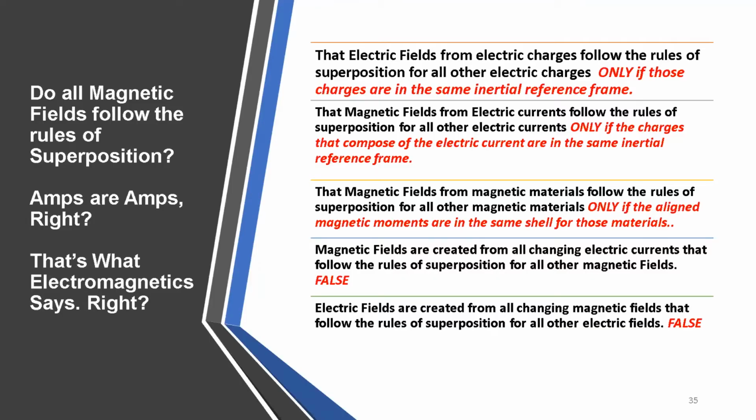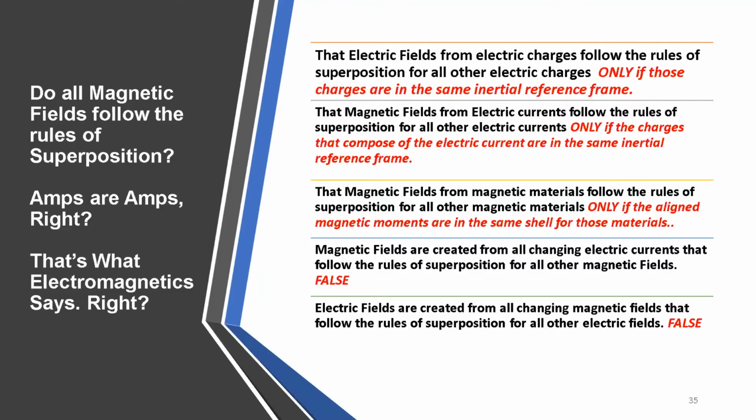Electric fields and charges only follow the rules of superposition from other electric charges if they're in the same inertial reference frame. Magnetic fields from electric currents only follow the rules of superposition for other electric currents if the charges that compose the electric current are in the same reference frame, which basically means that the drift velocities are the same.